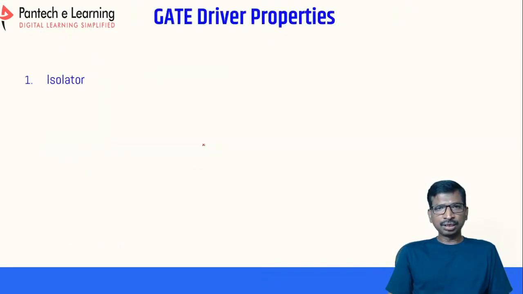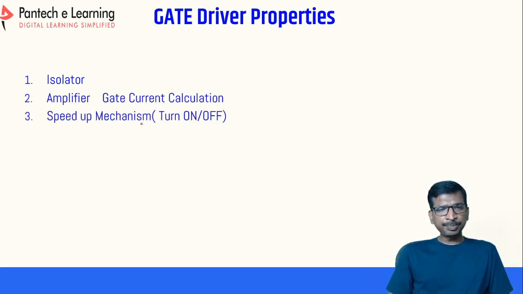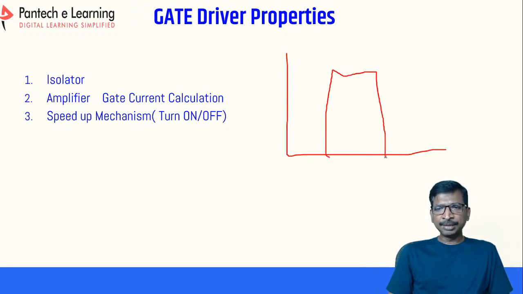So now gate driver properties. What should the gate driver have? The first one is the isolator, and another one is the amplifier for the gate current. Based on the gate current you have to choose the amplifier, and speed up mechanisms. If you apply the gate pulse, practically it will not be ideal, there will always be slight variations. So we have to reduce this time, which is called transient time.